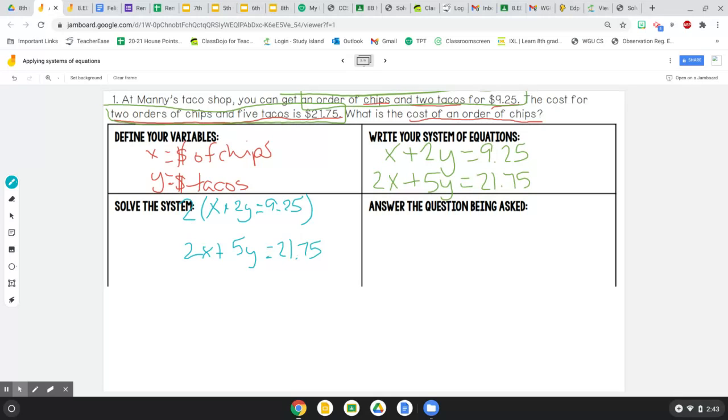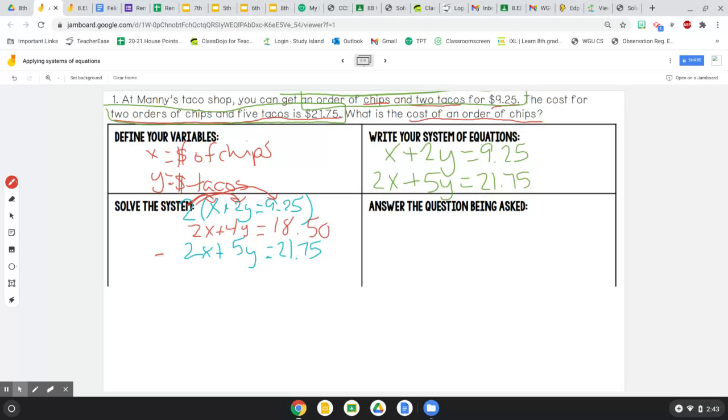So when I do that, I'm going to change my color to red. So I'm multiplying here. 2 times X is 2X. 2 times 2Y is a positive 4Y. And then 2 times 9.25 is going to be what? 18.50? Okay. So now at this point, I want the 2 X's to cancel or to eliminate.